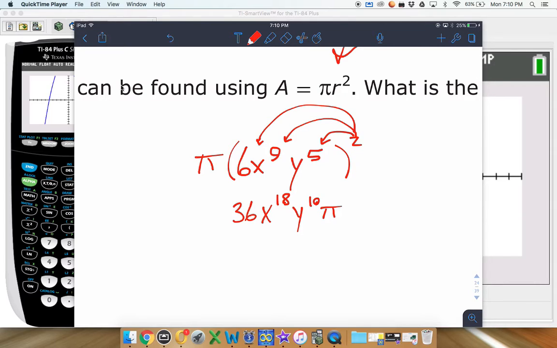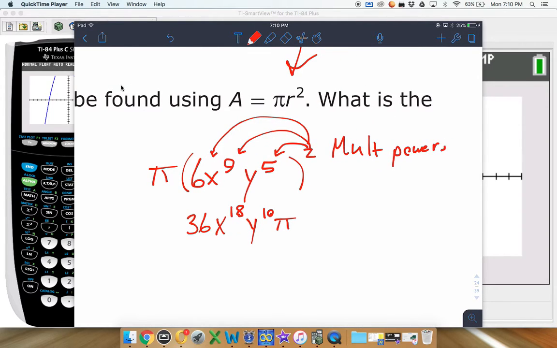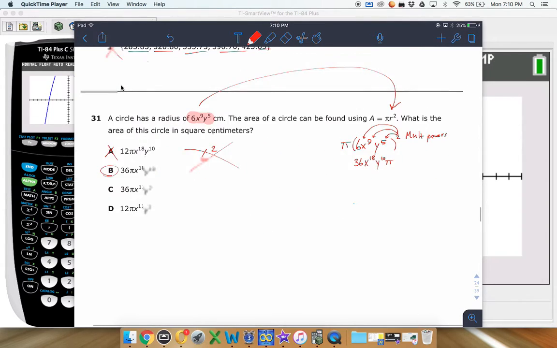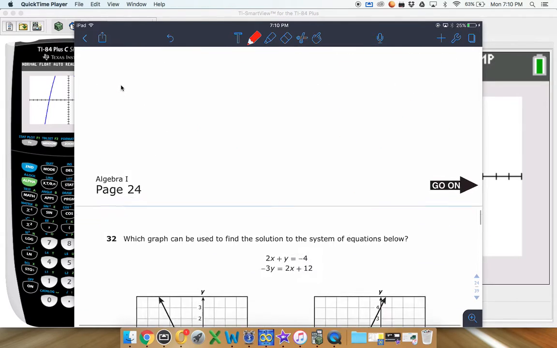Maybe they were adding their powers instead of multiplying. So when you're distributing through your powers, make sure you're multiplying the powers. So that's a common misconception there. So, yep, answer B is going to be our answer of choice on that one.